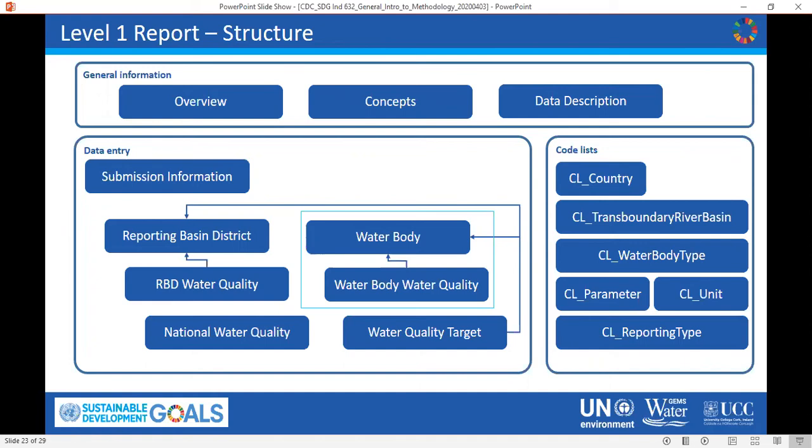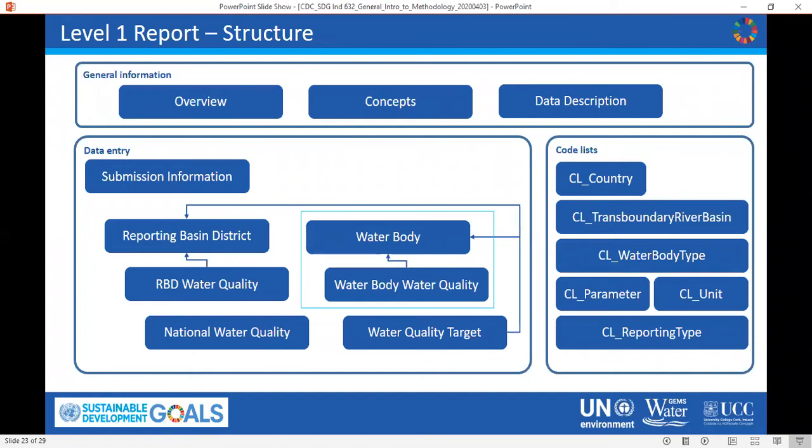Lastly, the table water quality targets asks you to report the target values that have been used to assess water quality. And this can be done either at the water body level, at the reporting basin district level, or at the national level, depending on what reporting level you choose.